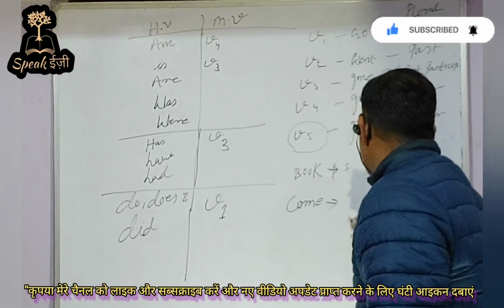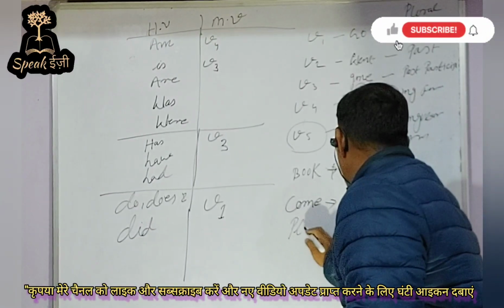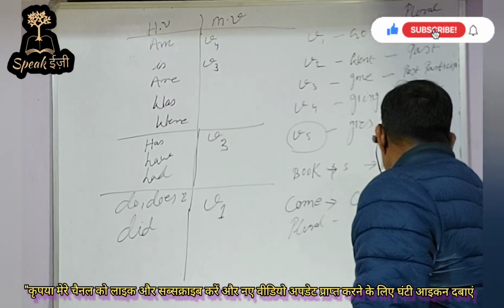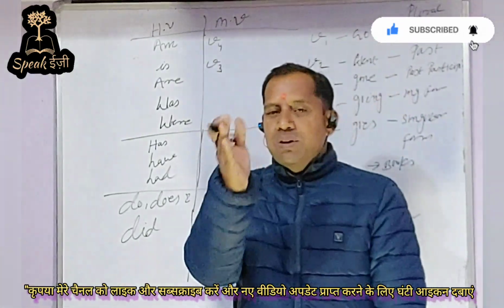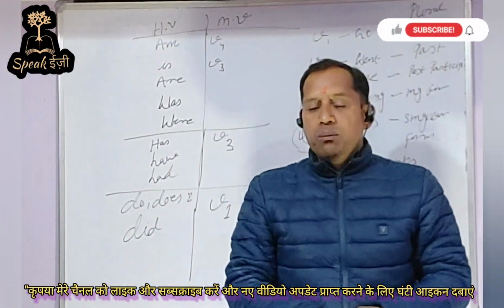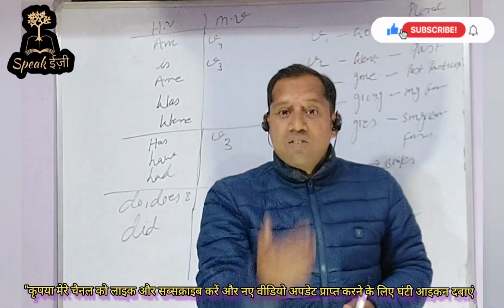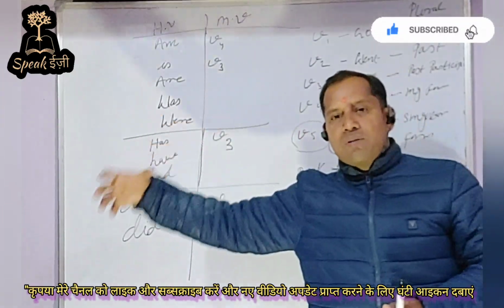Let us take an example, come. If I write comes, it is the singular form. Whenever we add s or es to the base form of the verb, it is converted into the singular form. But in the case of a noun, it is the opposite. When we add s or es to a noun, it is converted into the plural form.